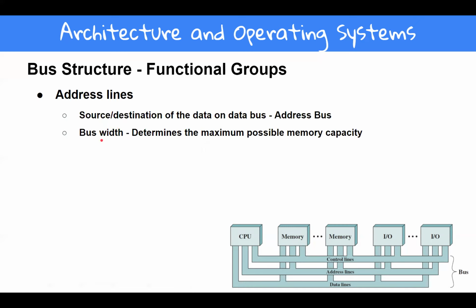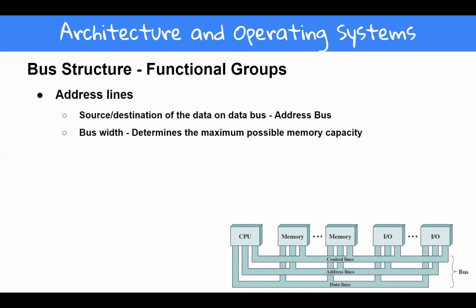Address bus width determines the maximum possible memory capacity. So where do you want to send the data? It depends on the number of lines that you have to be able to send the data. So the maximum number of lines that you have for the address bus will tell you the size of your memory.